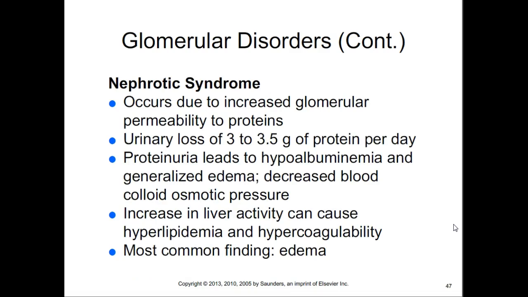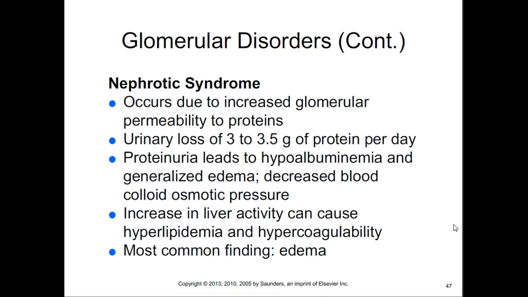Nephrotic syndrome, right? So the nephrotic syndrome causes a glomerulus to be much more permeable to proteins. So what you'll see is a huge loss of protein, much more than it's supposed to be, right? So hypoalbuminemia, which is low albumin in the blood because it's being filtered and eventually eliminated, right?